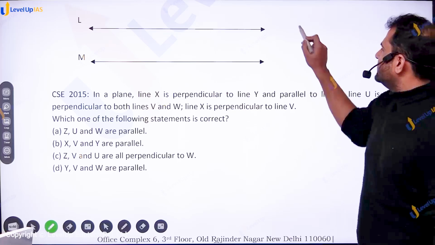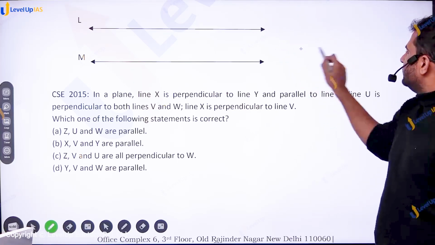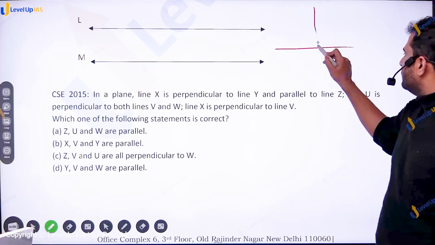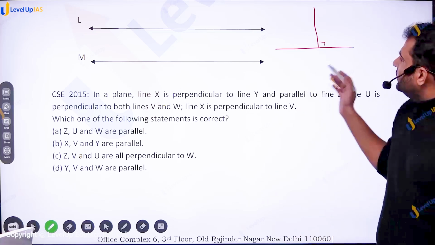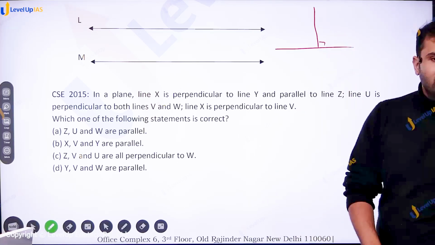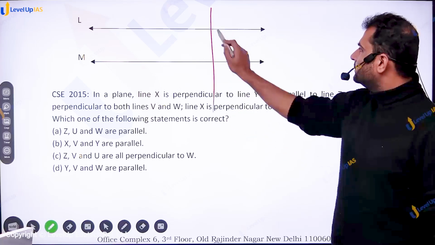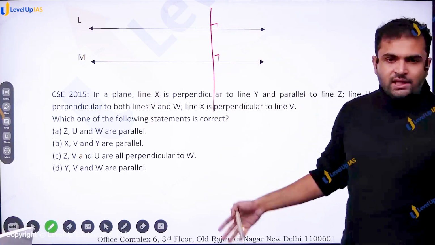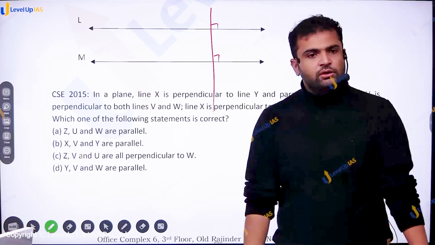Perpendicular is basically if we have a line segment, perpendicular to this line segment would be a line or a line segment making angle of 90 degree with it. So we call these two lines or line segments as perpendicular. Because these are parallel lines, if we draw a perpendicular vertical line, this would be perpendicular to both the lines.